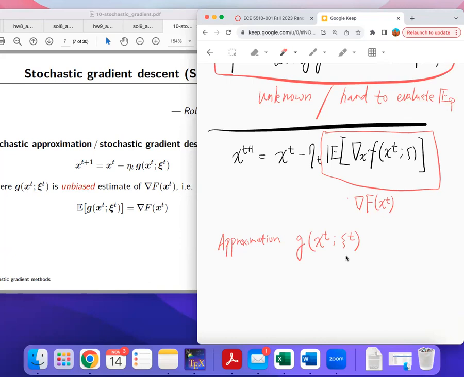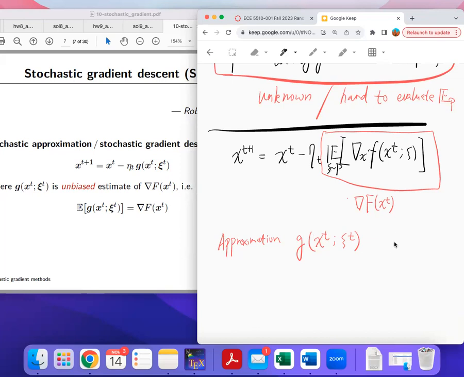But instead of computing the expectation over all the ξ, so this expectation is over ξ following the underlying distribution P, but we don't have that information. Instead of considering the entire distribution of ξ, we can sample some ξ_t from that distribution.